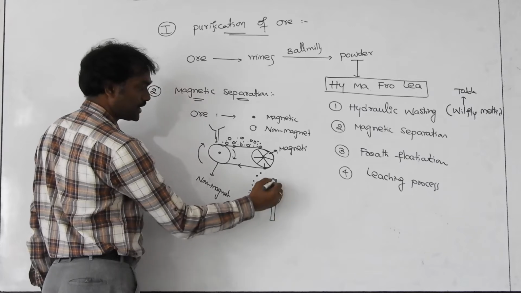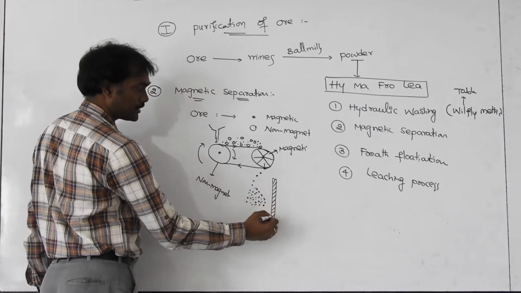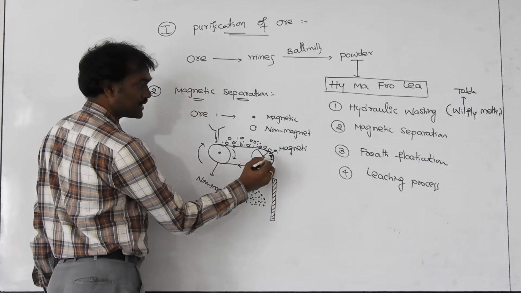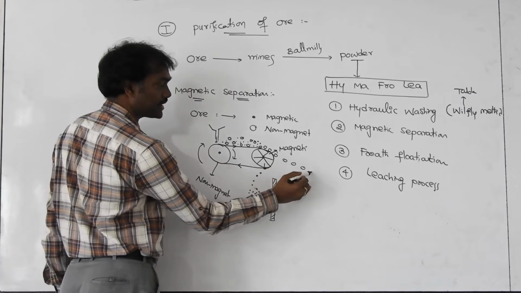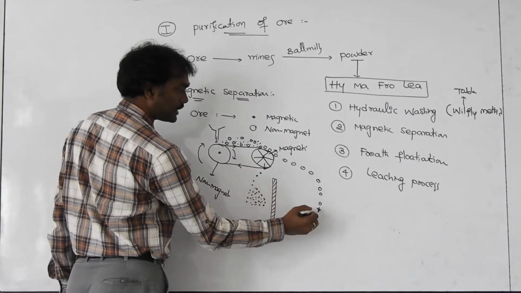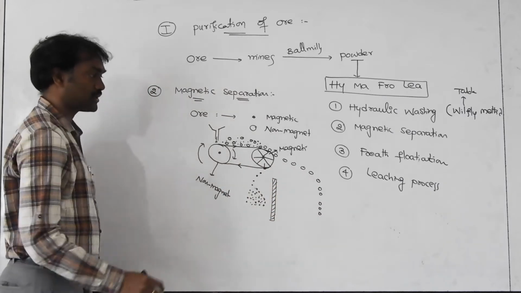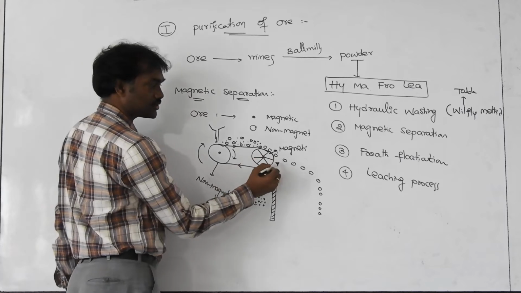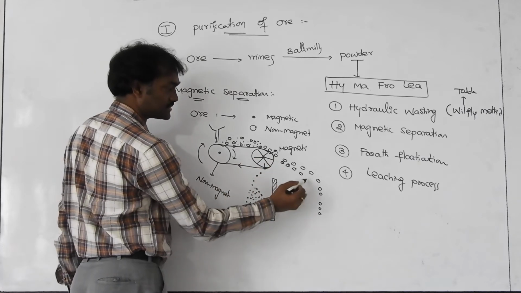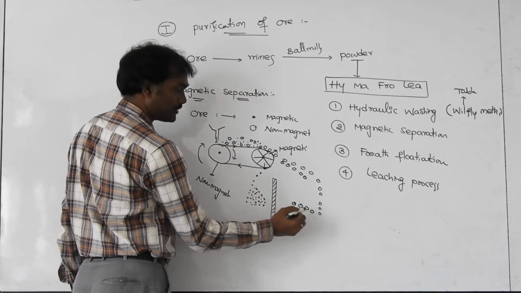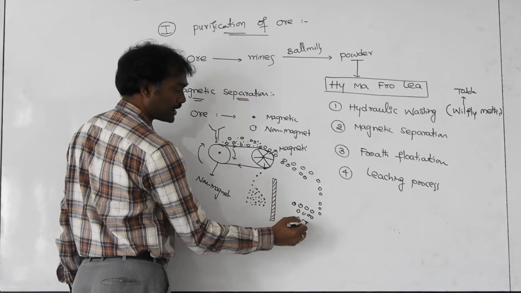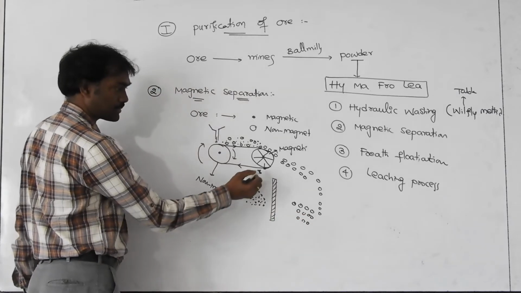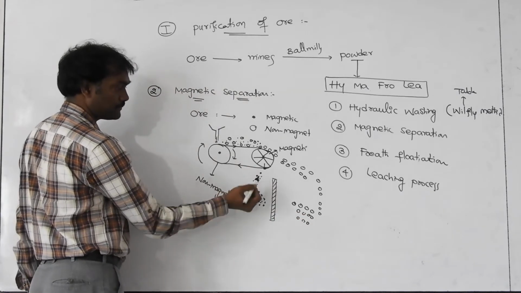The non-magnets are ejected a far distance because of the continuous rotation. There is no attraction, so non-magnets are separated in one area, and magnets are separated close to the wheel.